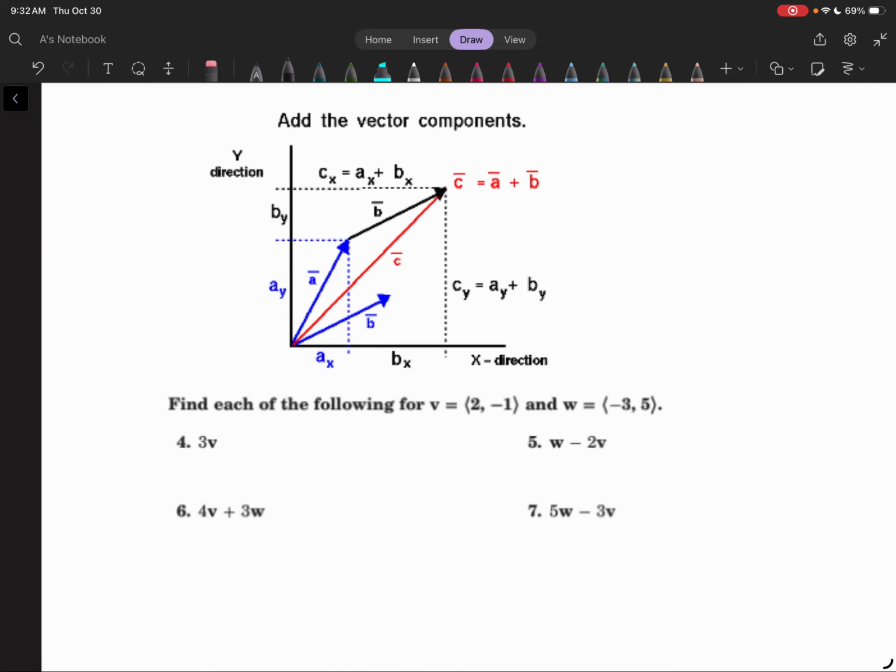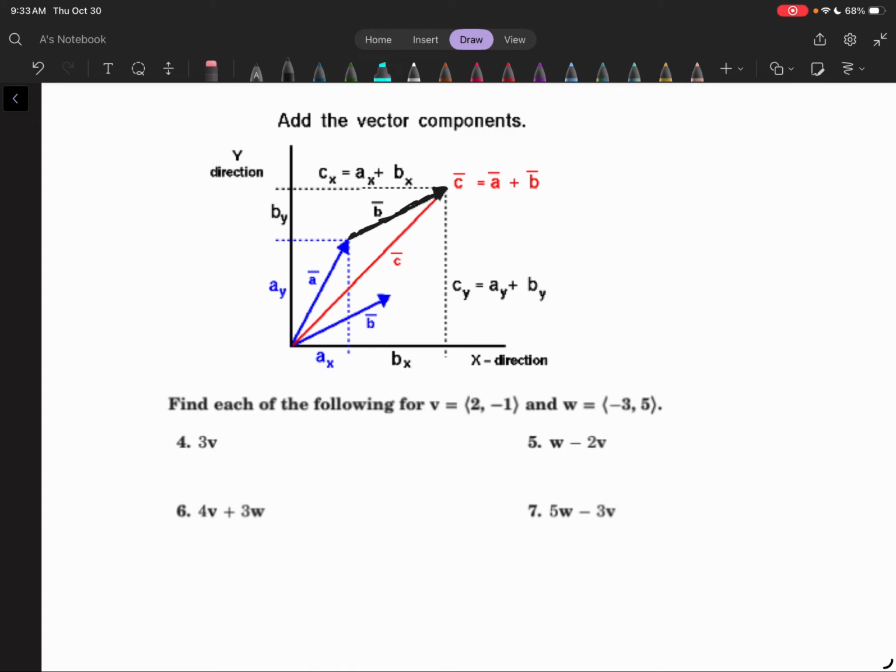Adding vectors and vector components. I want you to notice in this diagram, what they have done is they took the B vector here, and they simply pulled it up to the terminal point of the A vector. So the initial and the terminal points meet.